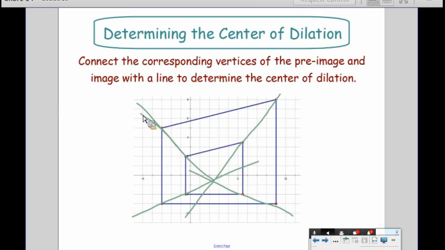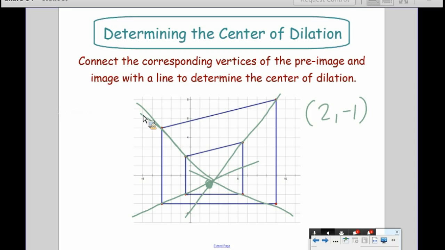I'll tell you where they were supposed to intersect. They're supposed to intersect at 2, -1. If you have your paper, I was close, not close enough. If you have your paper and you're using your ruler, that's where they're going to intersect. So when we have a coordinate plane, we can actually find the center of dilation by finding where the lines intersect and naming that coordinate.